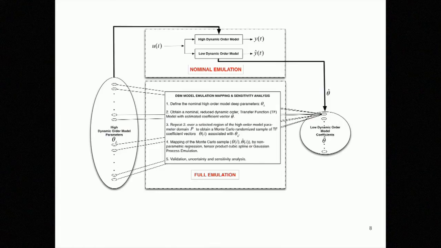Okay, now emulation modeling in this case is shown in this diagram. If I can find where the red, doesn't seem to be working. Can anybody see a red dot? You can see it? Oh, well then, I can't see it, but anyway, at the top, we have a high order model on the left.